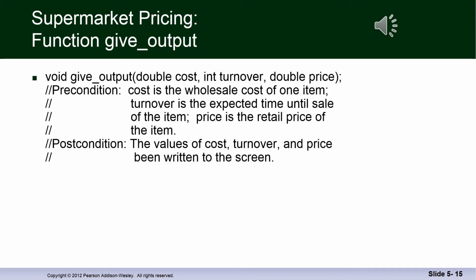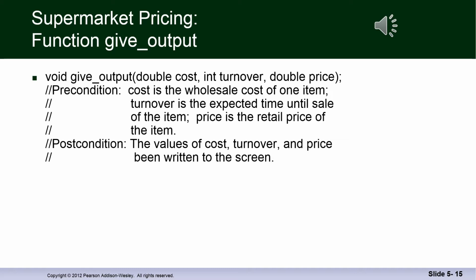Here we have the function for generating output. It is a void function named giveOutput. It has three arguments, three formal parameters: a double named cost, an int named turnover, and a double named price. Precondition: cost is the wholesale cost of one item. Turnover is the expected time until sale of the item.